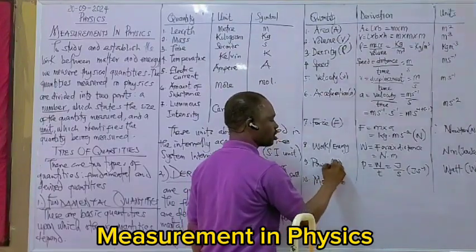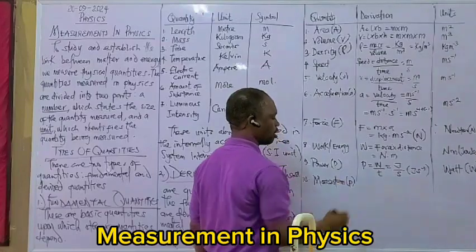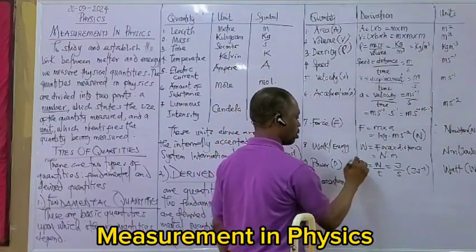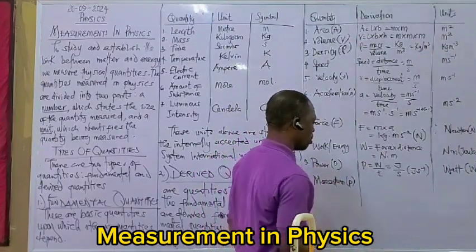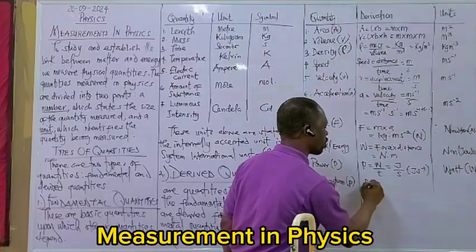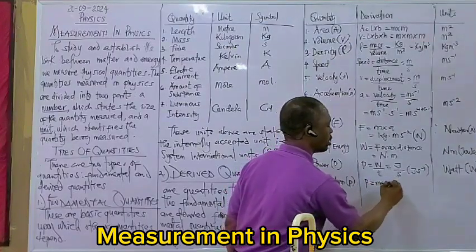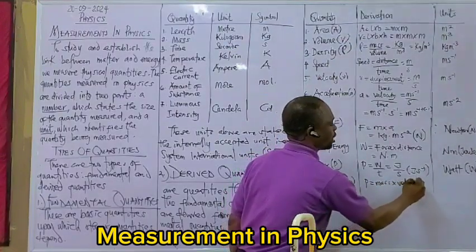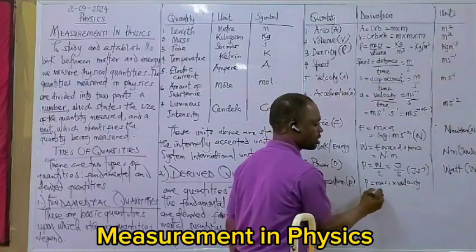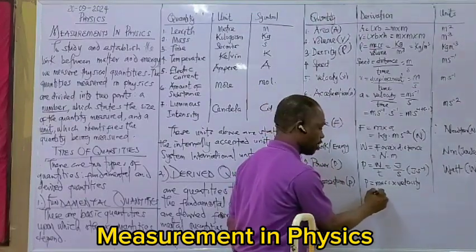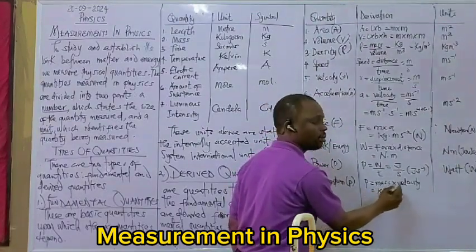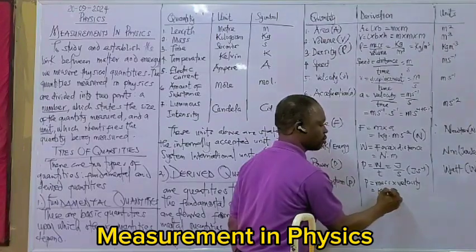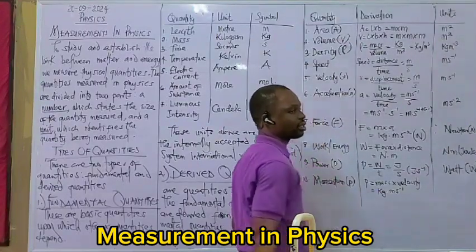Momentum P. Momentum P equals mass times velocity. Who can tell me what I'm going to write here? What is mass? What will I write? Kilogram times meter per second.